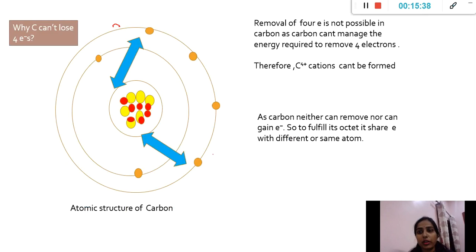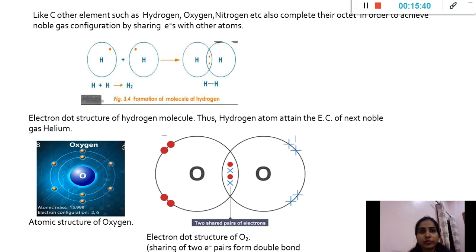Like carbon, other elements such as oxygen, hydrogen, nitrogen, etc. complete their octet in order to achieve noble gas configuration by sharing electrons with other atoms. Here you can see the example of hydrogen.